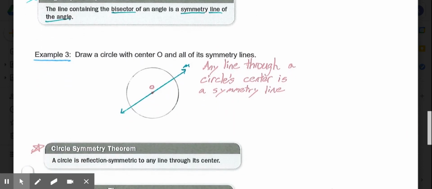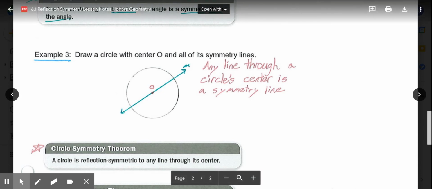Then it asks us in example 3 to draw a circle with center O and all of its symmetry lines. Obviously, I did not draw all of its symmetry lines because I would still be drawing symmetry lines. Any line through a circle's center point is a symmetry line for that circle.